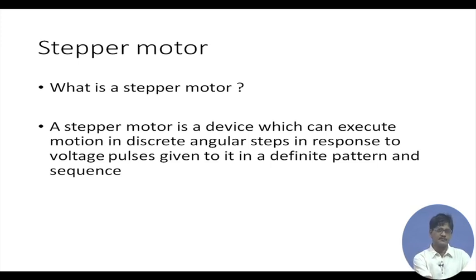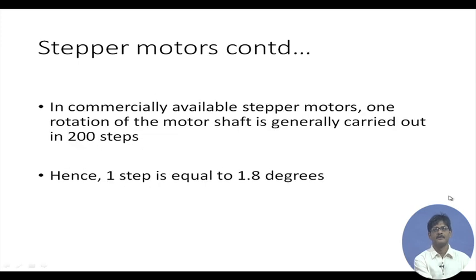If such a voltage pattern is given in a definite sequence, the stepper motor would be able to take discrete angular steps. That means its output shaft will be rotating in definite angular steps. We generally have stepper motors available which can carry out one complete rotation in 200 equal angular steps.